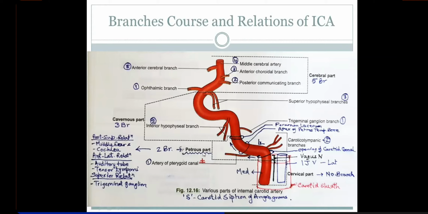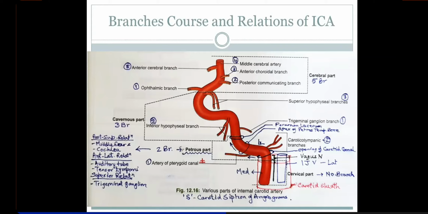Petrous portion of the internal carotid artery is posterior-superiorly related to, yaad rakhna, middle ear and cochlea. Middle ear and cochlea lie posterior-superiorly, like behind it. That's why I said the artery lies anterior to the middle ear. Okay?